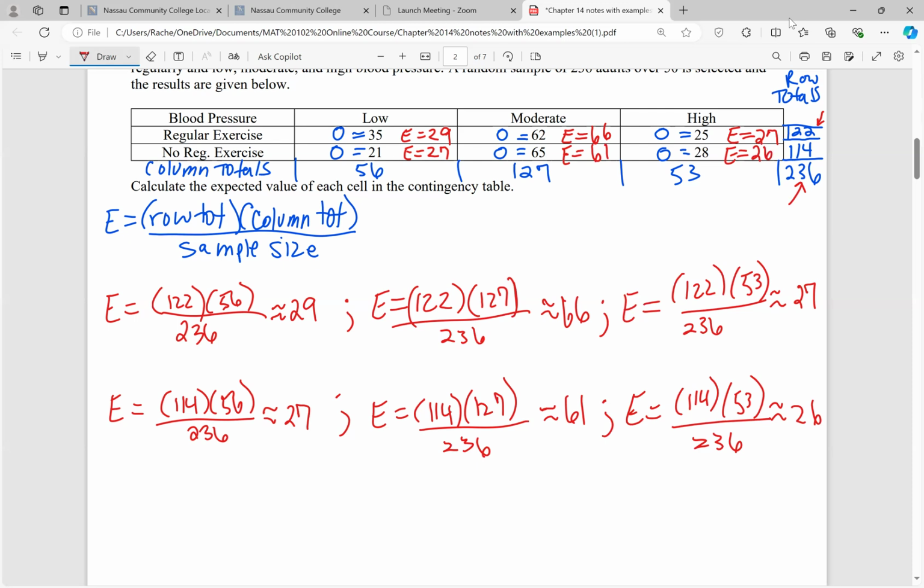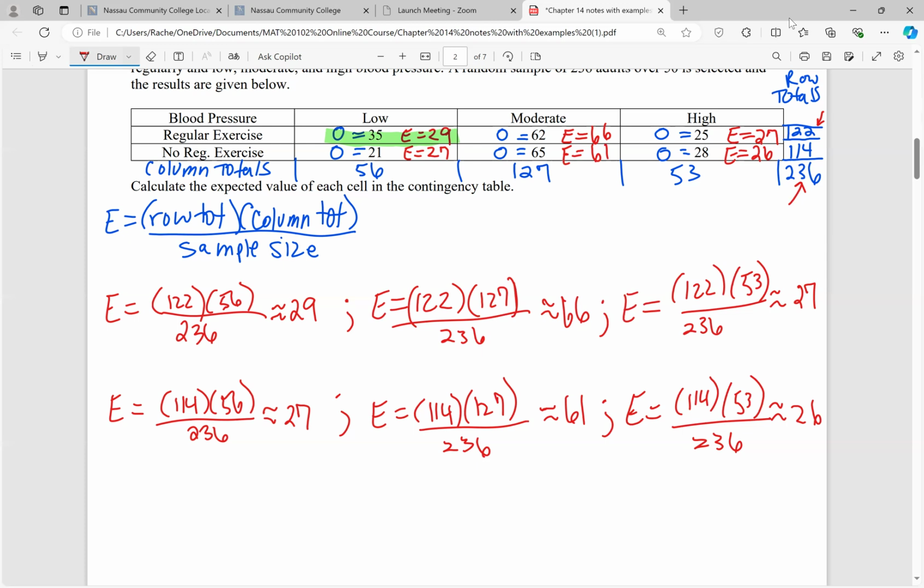So the purpose of this is to see how big the difference is between the observed value and the expected value. Look at this first cell, for example, that I just highlighted in green. We observe 35 people to have low blood pressure and regularly exercise.